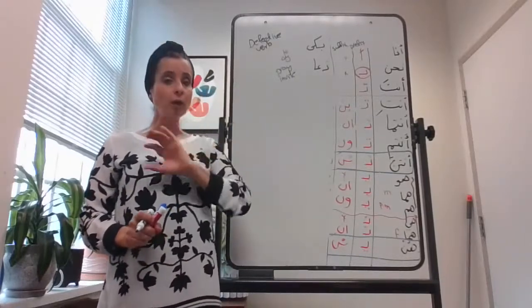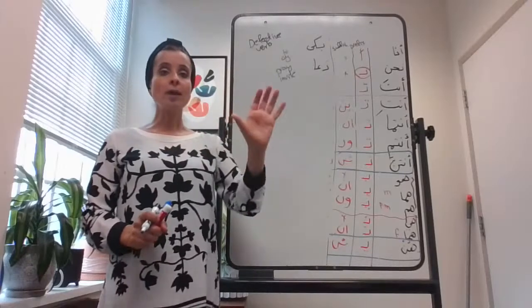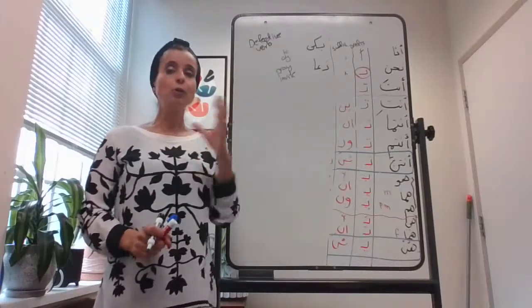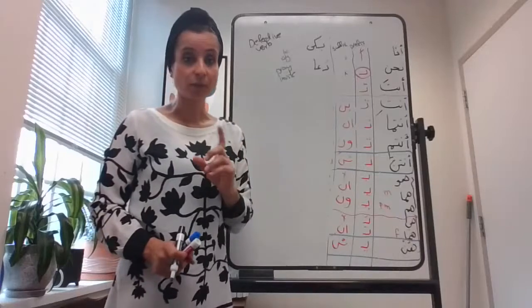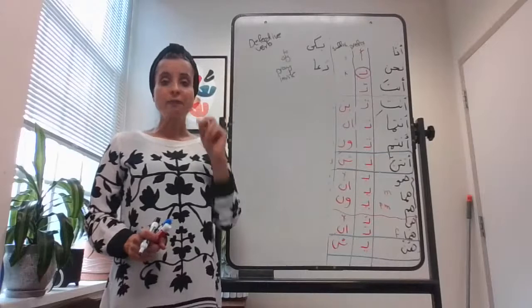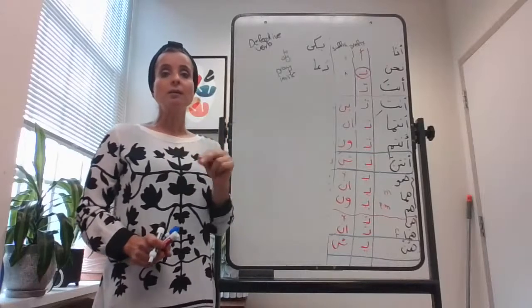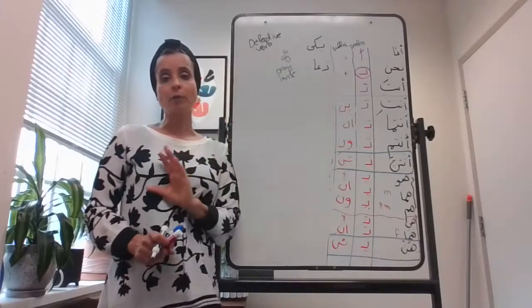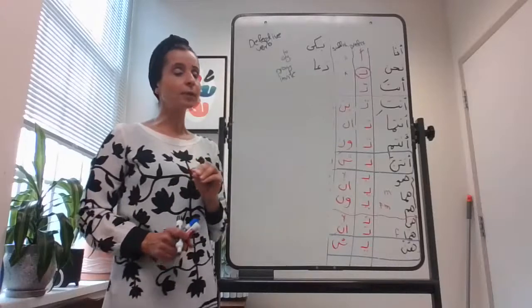Why? Because in the hollow verb, there is no way by looking at the verb you could tell what is the original sound of the alif. But if you have a defective verb, it is very easy to tell the original sound of the broken alif. And here is the secret.